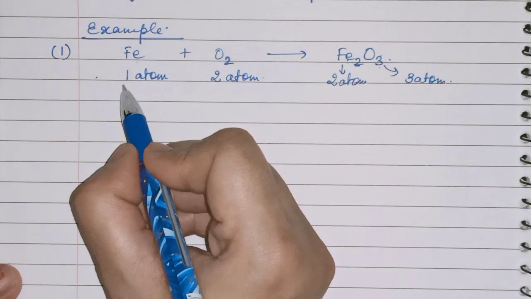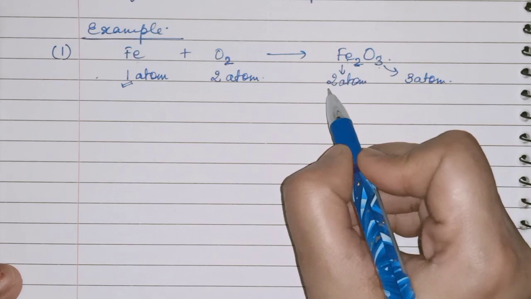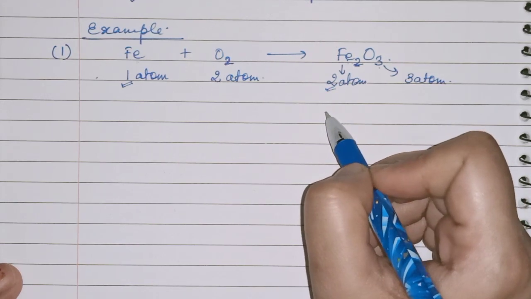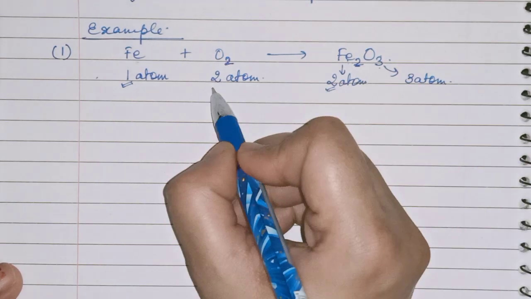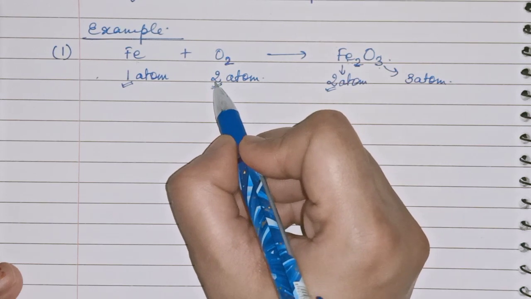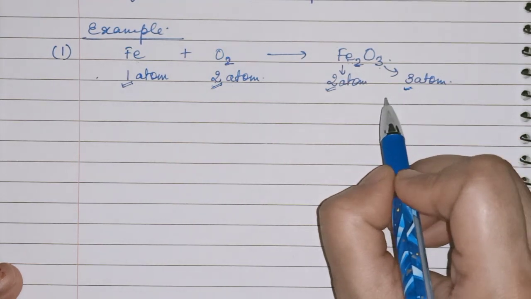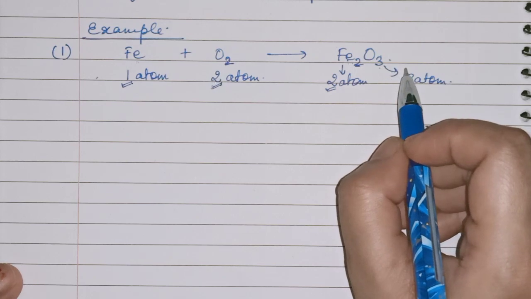So you can easily see that iron is 1 here and it is 2 here. It is not equal for iron. For oxygen, oxygen is 2 and oxygen is 3. So here also it is not equal.